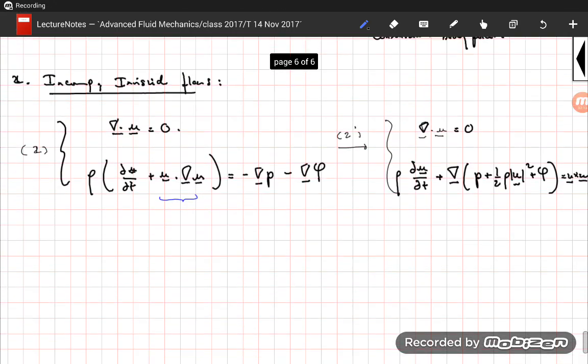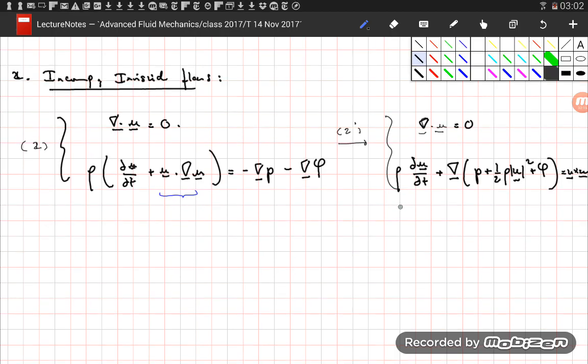And what we had discussed is that if you assume that the flow is steady, this term is equal to 0, and if you follow a streamline, this is equal to 0, then that quantity, p plus 1/2 of rho u squared plus phi, is a constant. And so this is Bernoulli's equation in the weaker form, where you can only apply it for steady flows along a streamline.